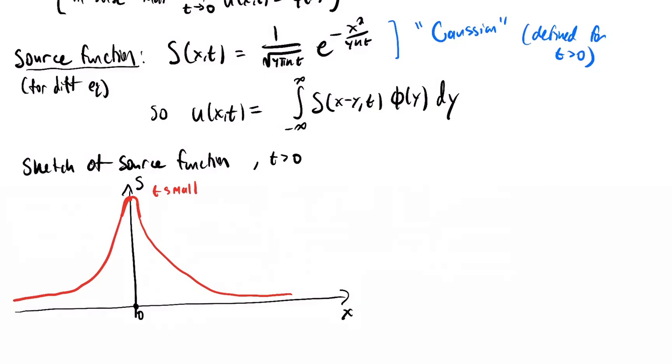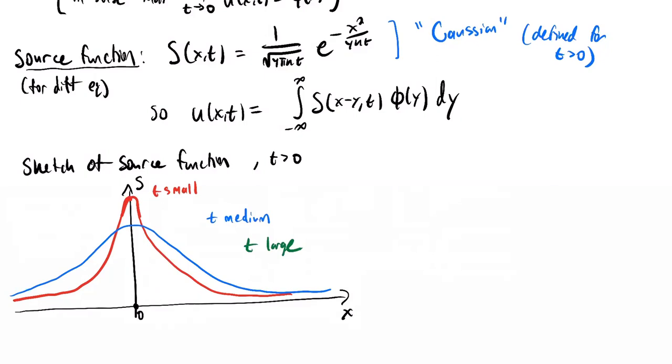On the other hand, if you look at some intermediate t, of medium size, it's still going to peak a little bit at the origin, but maybe not so much. So maybe it'll look something like this, which should remind you of a bell curve from statistics. And if t is really large, then there's no issue with the singularity at the origin, and the exponential decay of the exponential factor takes over.